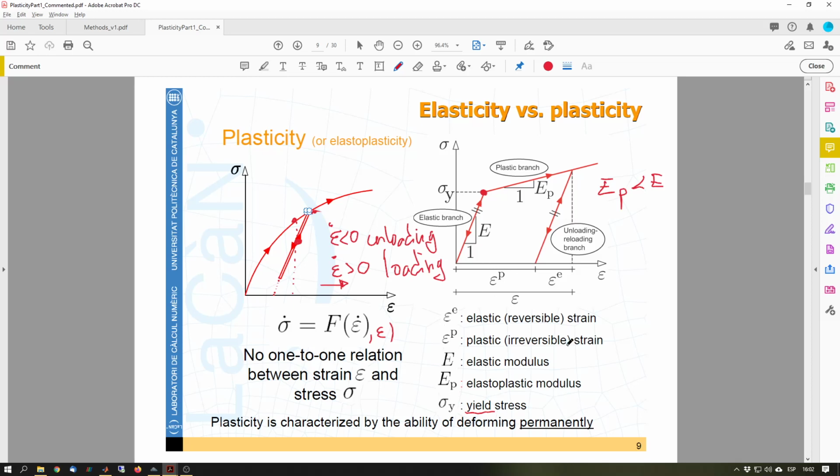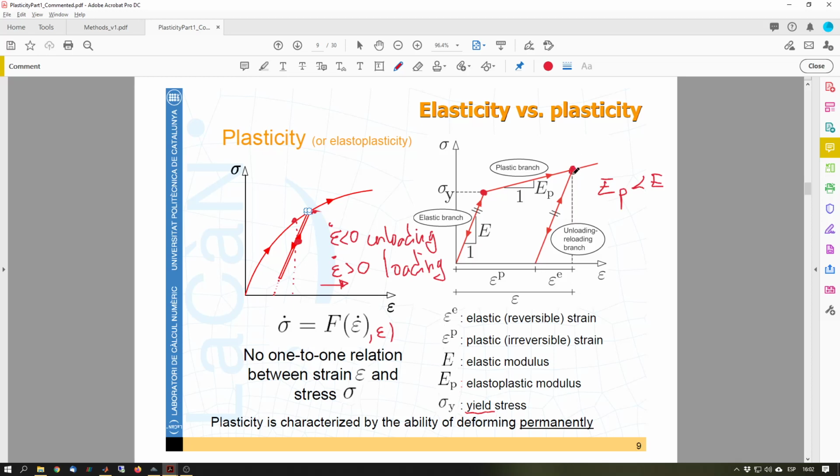It's irreversible in the sense that even if I remove my stresses, I will not recover this strain at zero stresses, because it has plastified. And the strain along this unloading and loading branch, which I keep increasing and decreasing, is called the elastic strain, the reversible strain.